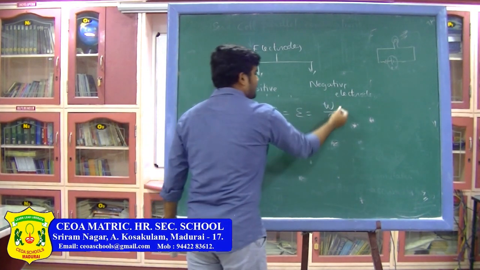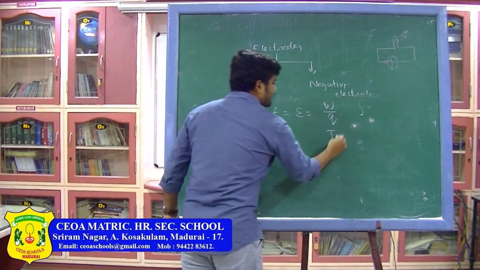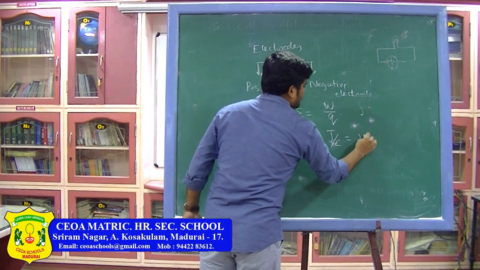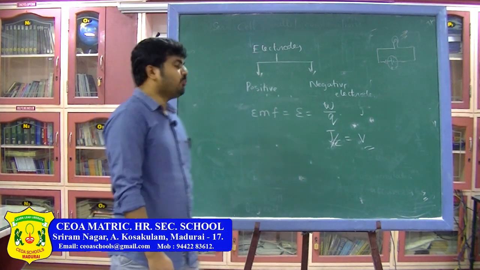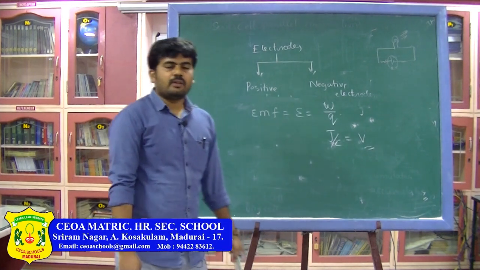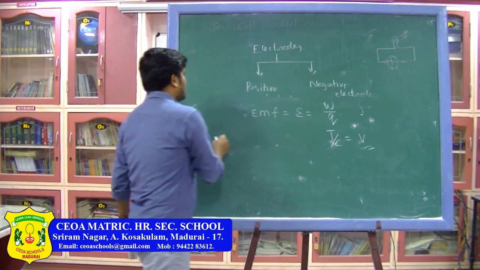Where W, work done, SI unit is joule, and SI unit of charge is coulomb, which is nothing but volt. So the EMF SI unit is the same as that of potential and the potential difference that you studied in electrostatics.